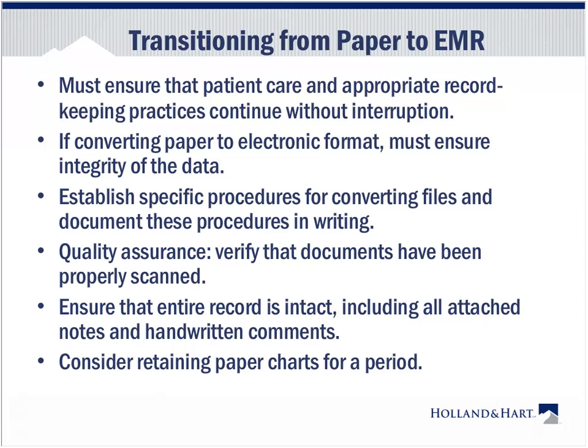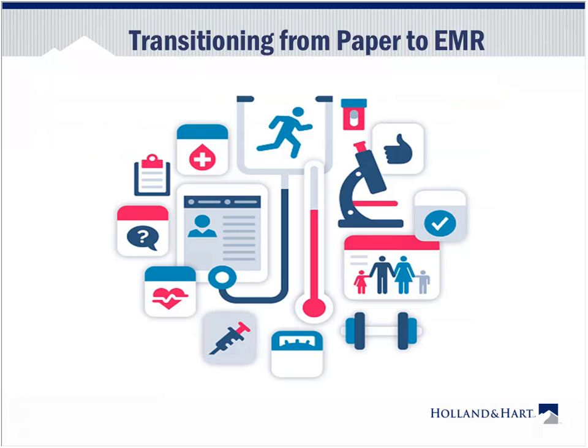You should ensure that the entire record is intact, including all attached notes and handwritten comments. And you should consider retaining paper charts at least for some period of time to be able to check on things if there turn out to be mistakes.